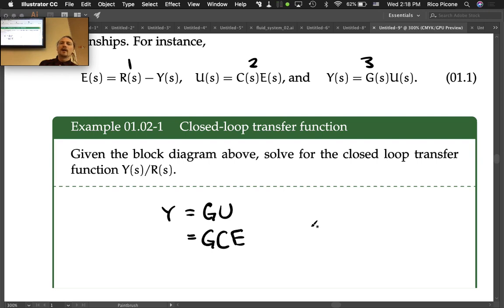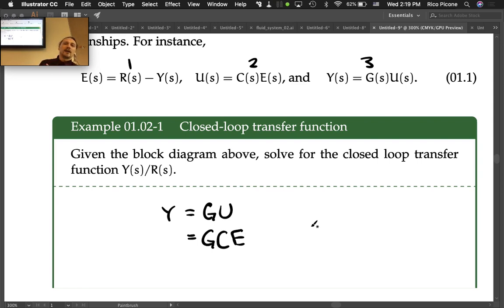We're looking for Y over R. We think we're probably going to have to use all these equations to describe that relationship. Generally speaking, we want an equation that has just Y in it and R in it and transfer functions, right? So C and G are okay to have in there, but we don't want E in there, and we don't want U in there.